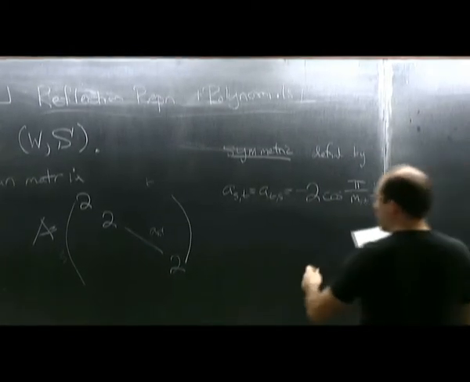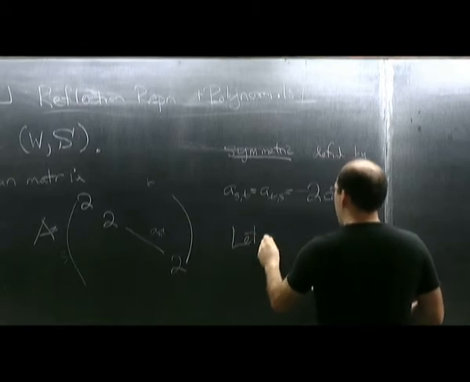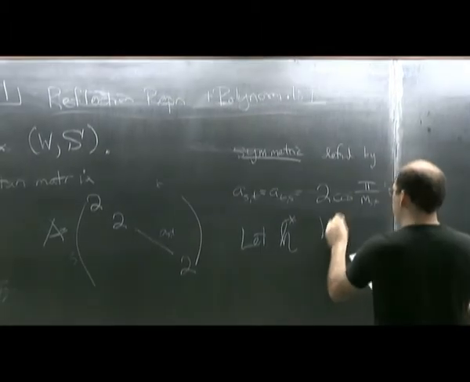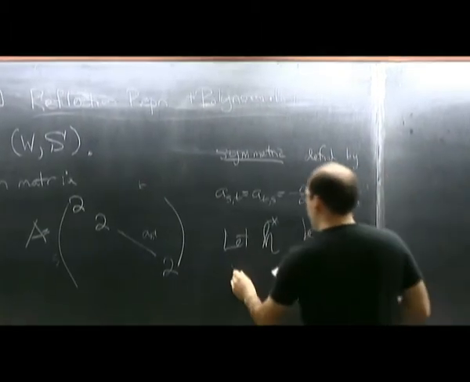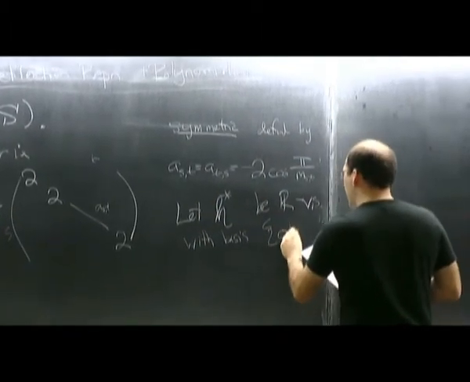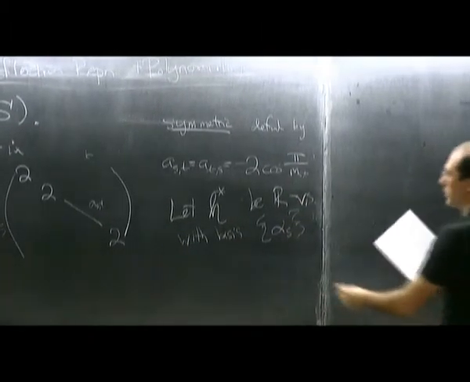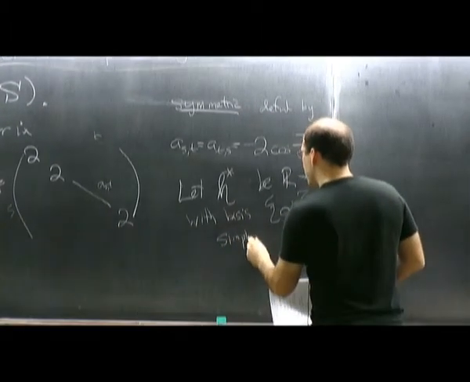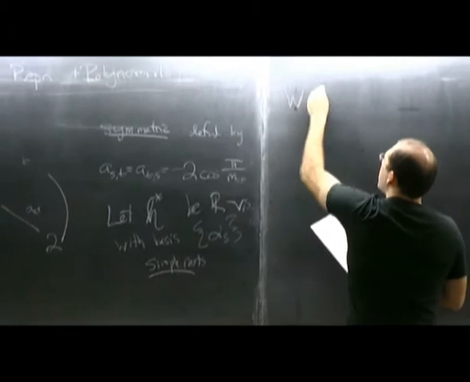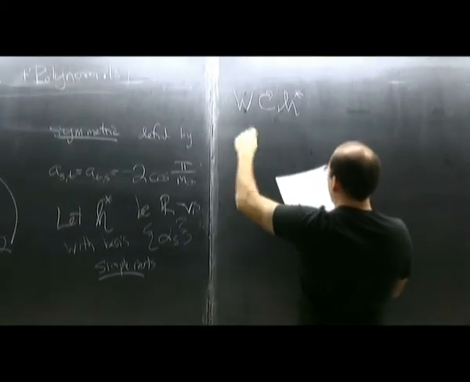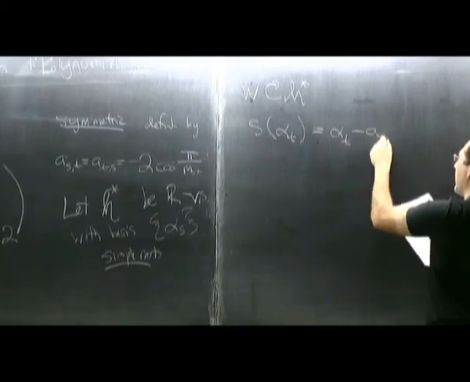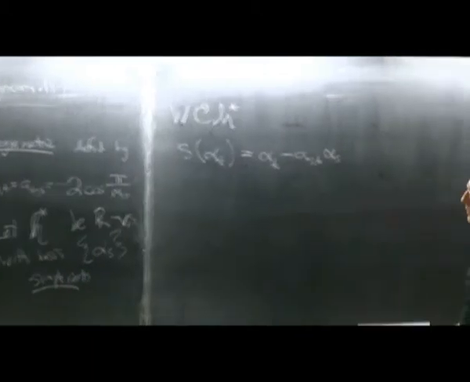And from this matrix, we can define a representation. So let h dual be the R vector space with basis also parameterized by our simple reflections, alpha_s. These things are called simple roots. And we're going to define an action of W on this vector space by the formula that s of alpha_t is alpha_t minus a_st alpha_s.